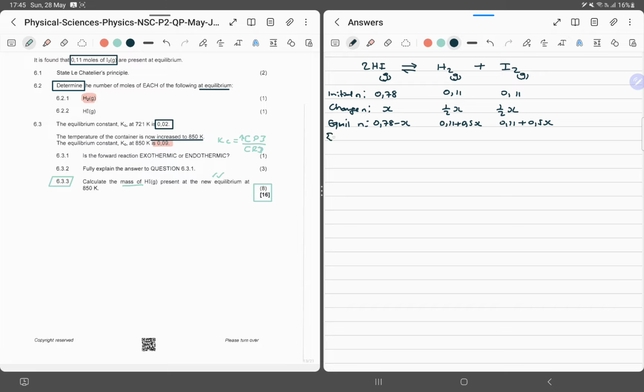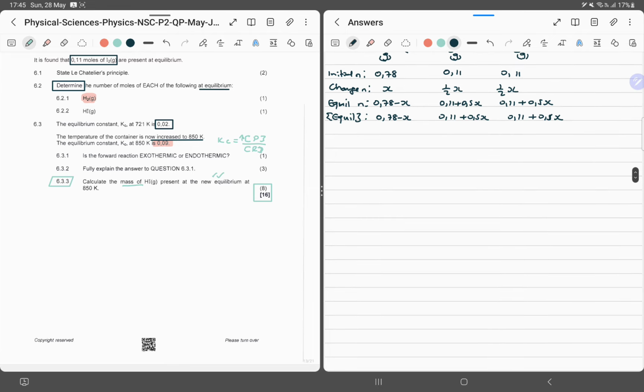And then of course the concentration at equilibrium, the molar concentration, because this is 1 decimeter cubed, is just going to be the same thing. Okay, so that is easy. So we've sorted that one out.